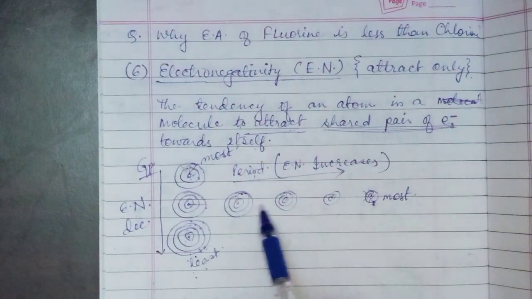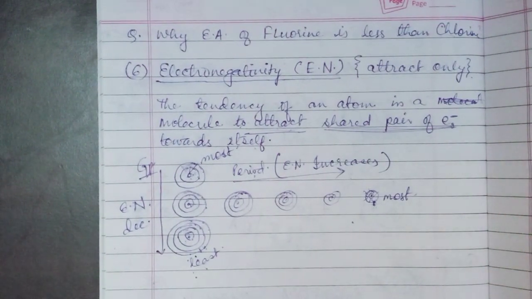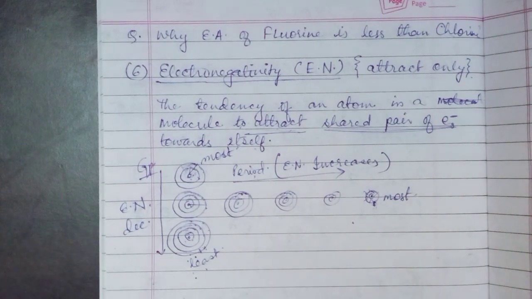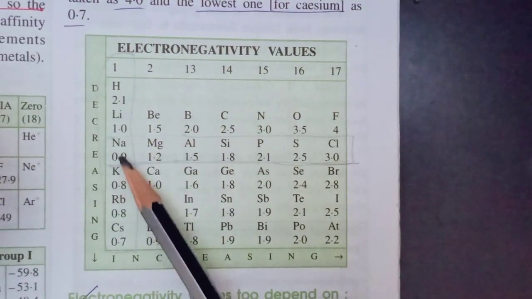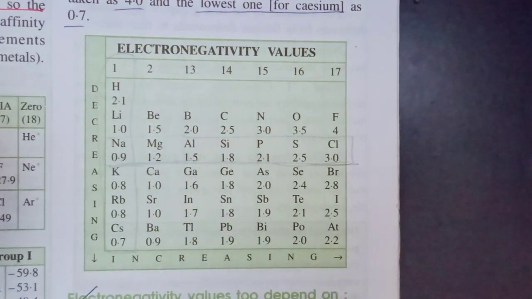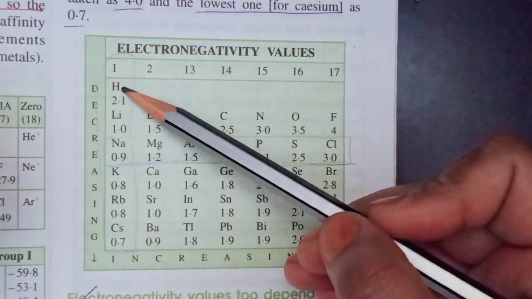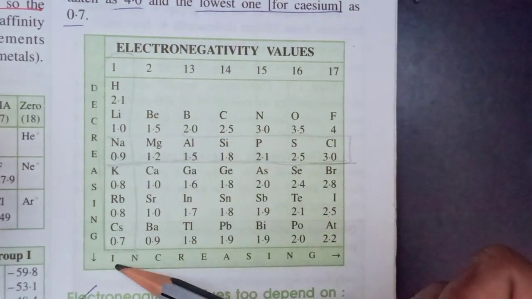Okay, electronegativity increases. That means the attraction power of an atom will increase. Now children, see here in a group, that means from top to bottom, you can see that hydrogen is on the top of group number 1 and cesium is at the bottom.